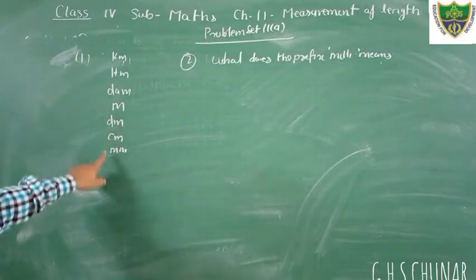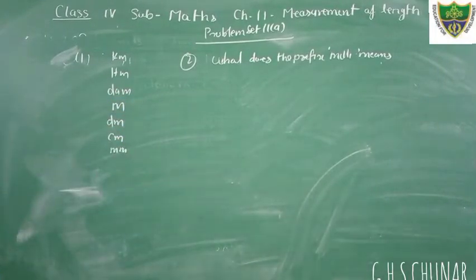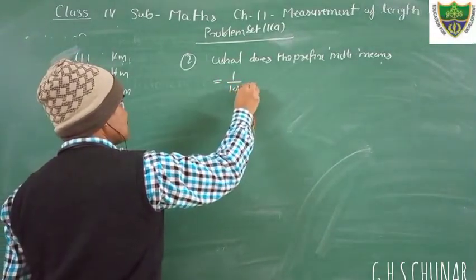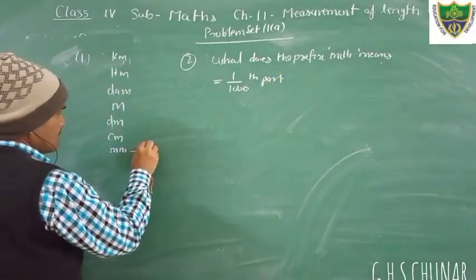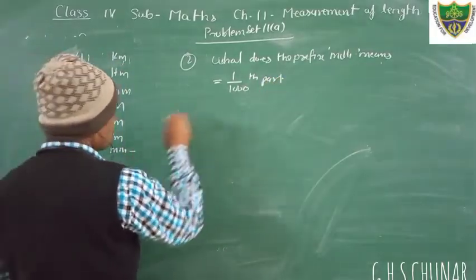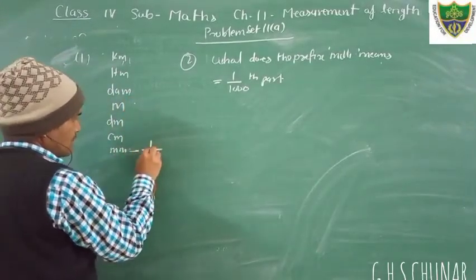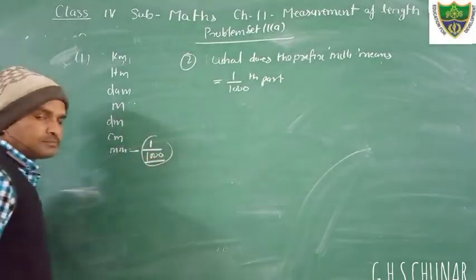Here the meter and this is the millimeter. Millimeter to meter, that is 1 to 3, that is 1 upon 1000. The relation between meter and millimeter is 1 upon 1000. That is 1 upon 1000 part. How will you find it? You will write here 1 meter to millimeter to meter. Here 1 upon 1000. It is 1 upon thousand.